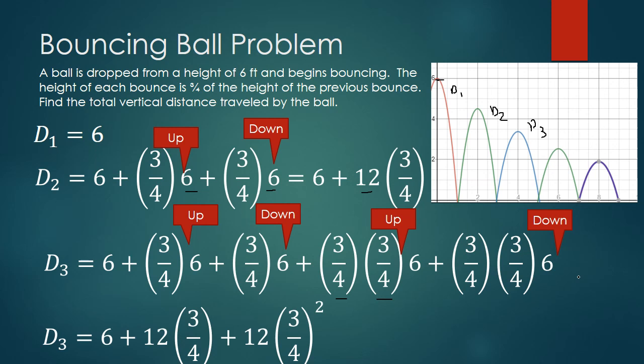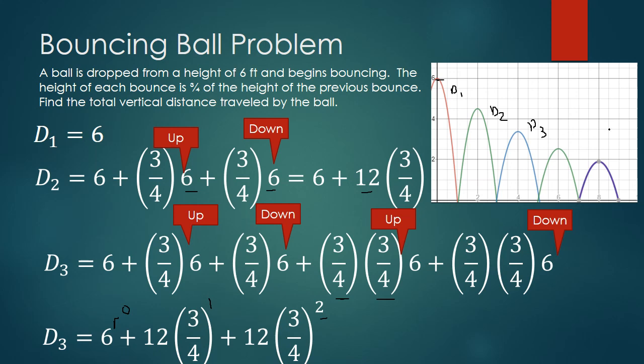So let's rewrite that. This same third distance, I have my 6. I have 12 times 3/4. That's this first one, just like I had right here. Plus, I have 12 times 3/4 squared, because I have 3/4 times 3/4. Do you guys notice a r to the 0, a r to the first, a r to the second?